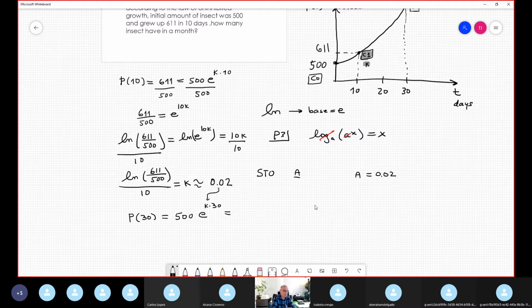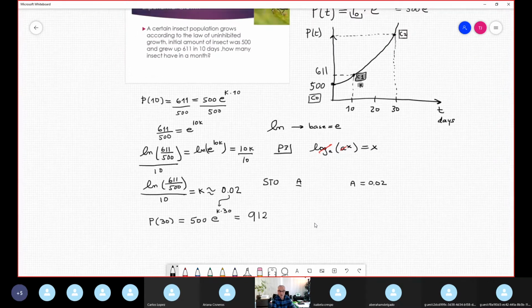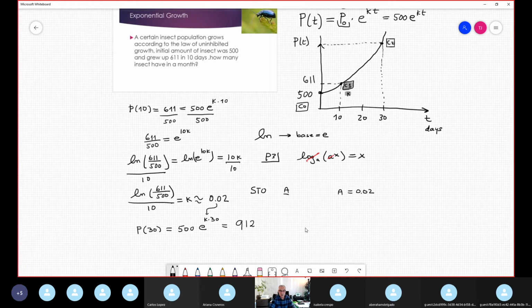Close the parenthesis, press enter, bang, you get the answer. The answer is 912. To truncate it is really stupid to consider a decimal of the insect. Remember, we are talking about animals. So 912.3, you truncate it like that.